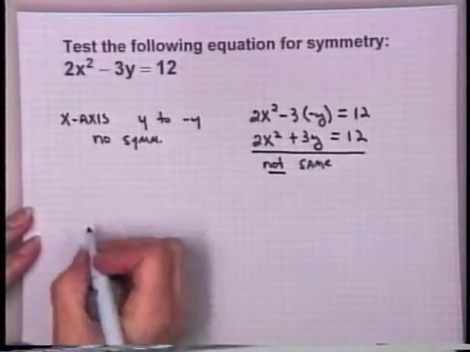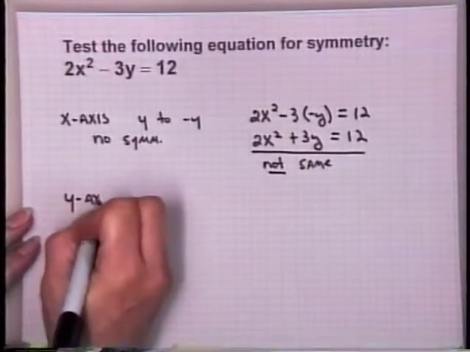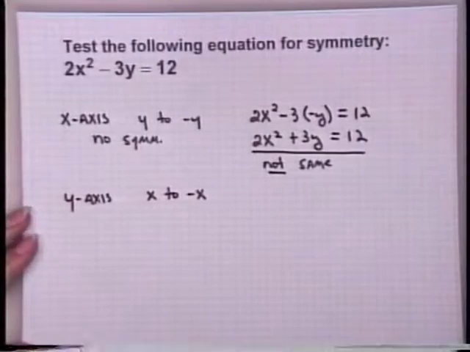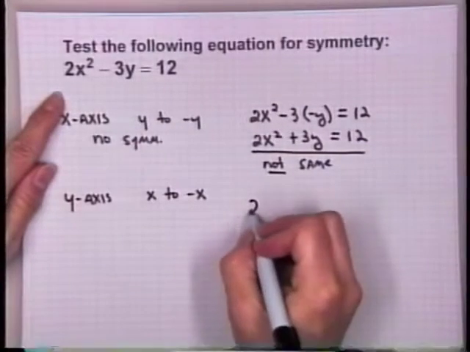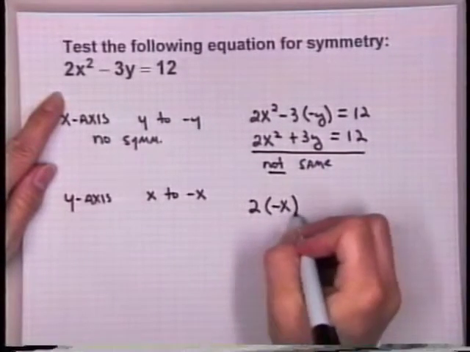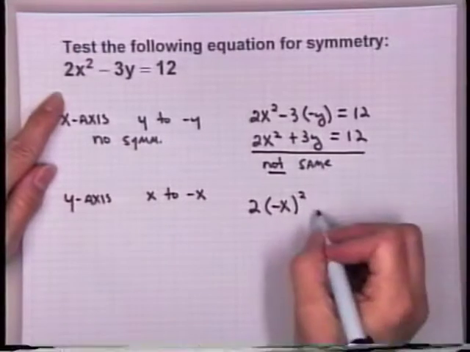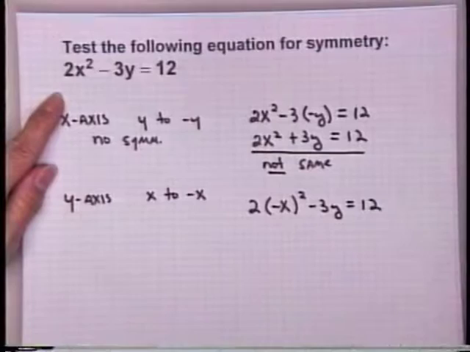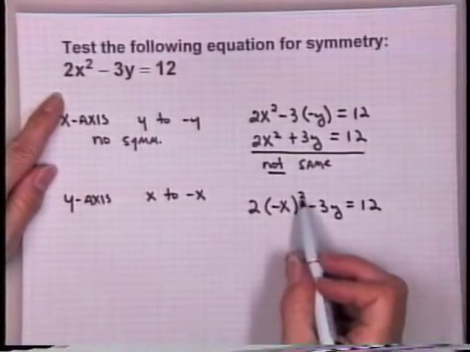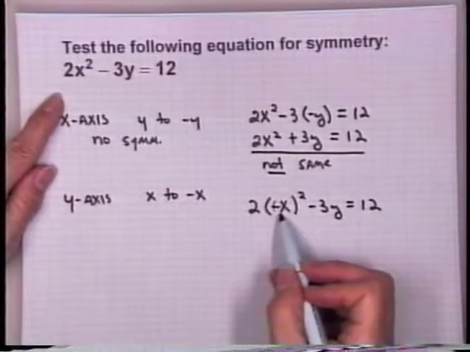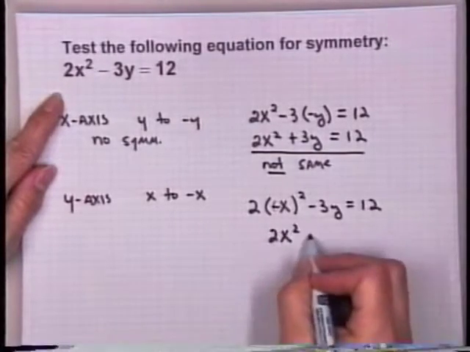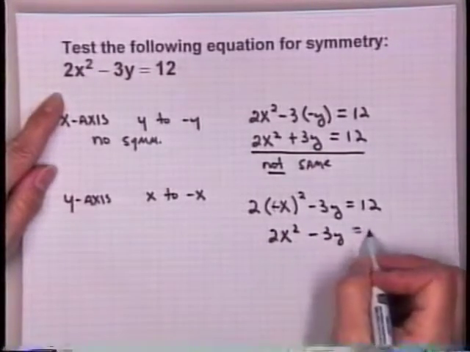Okay? Now, for y-axis symmetry, what do we do? We change x to negative x. Okay, so let's do that. I have 2 times, changing that x to negative x, squared, minus 3 times y equals 12. Now remember, you square first. If I square negative x, I get positive x squared times 2. So that's 2x squared minus 3y equals 12.